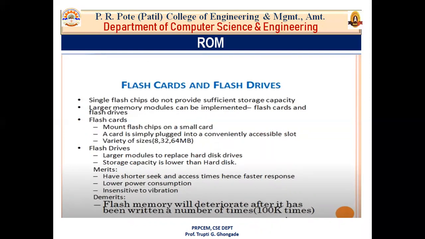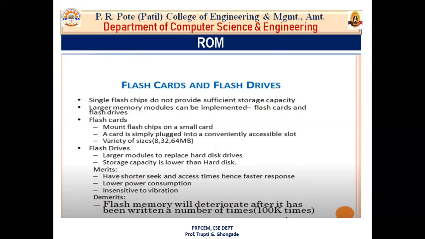So micro SD cards and SIM cards are all flash cards, because they mount the chip on a small card and are simply plugged into a conveniently accessible slot. So your memory cards and your SIM cards both are flash cards, available in a variety of sizes of memory. And the next one is flash drives.